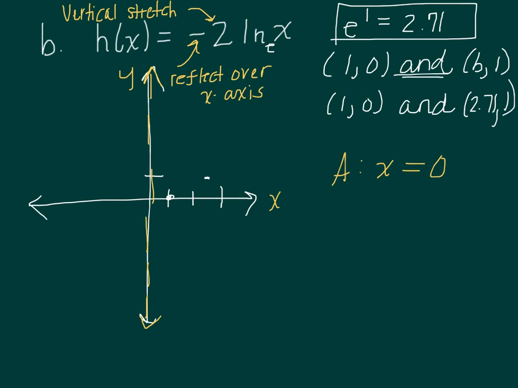So the first thing you do is you reflect your points over your x-axis. This one stays. This one now would be 2.71, negative 1. And then we're going to stretch it by 2. So instead of this being at 1, we'll stretch it in, at negative 1. It'll be now at negative 2.